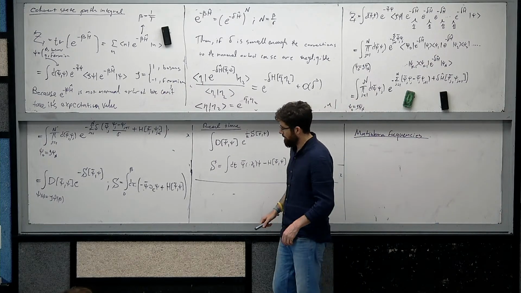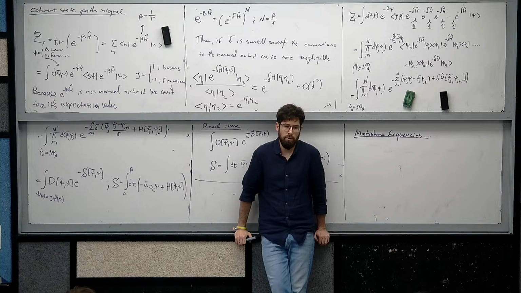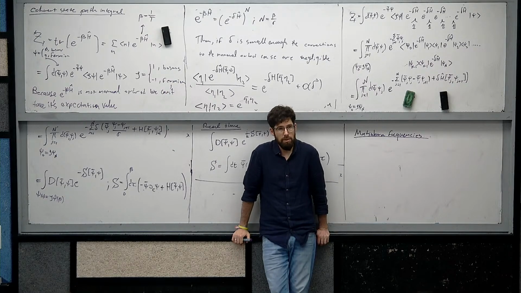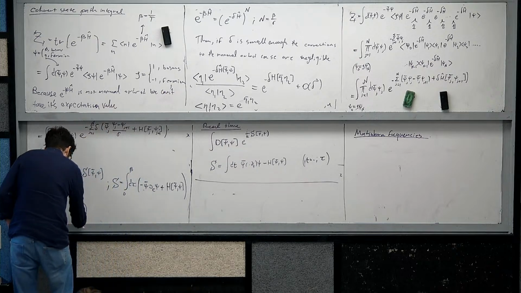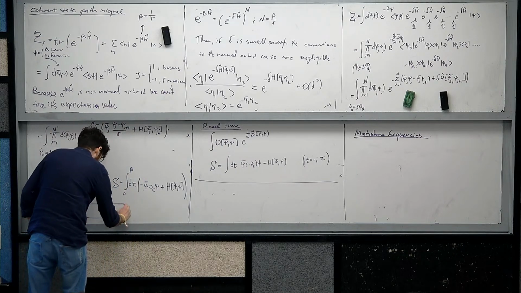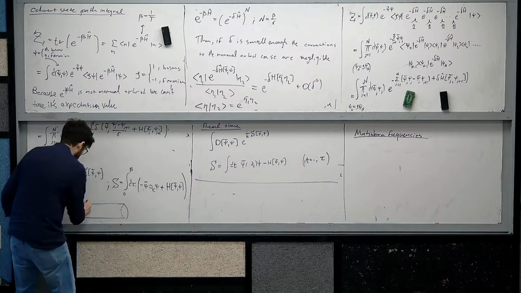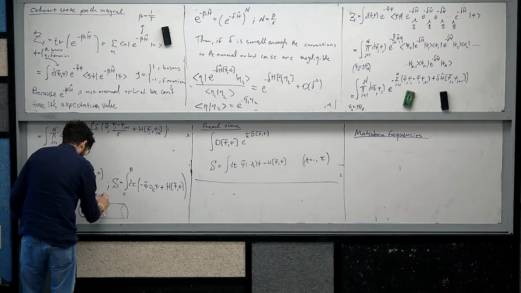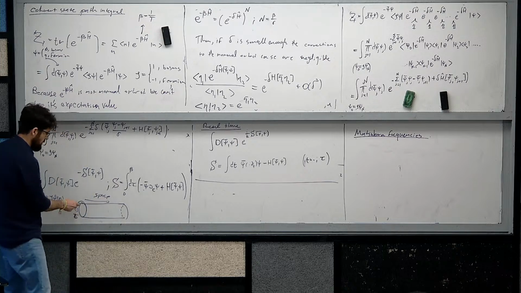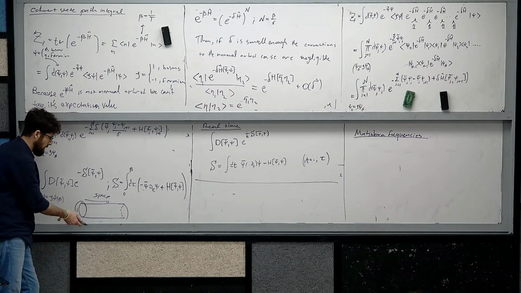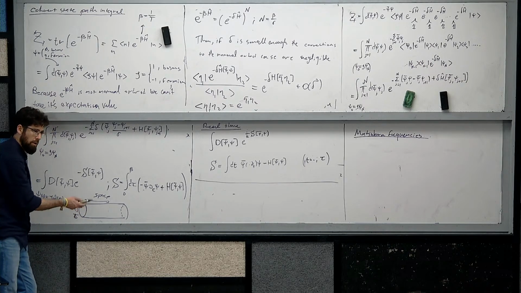What we see in the end is that our theory, so say we had some space, and now we have this coordinate tau, which goes from 0 to beta, and then there are either periodic or anti-periodic boundary conditions on this cylinder.